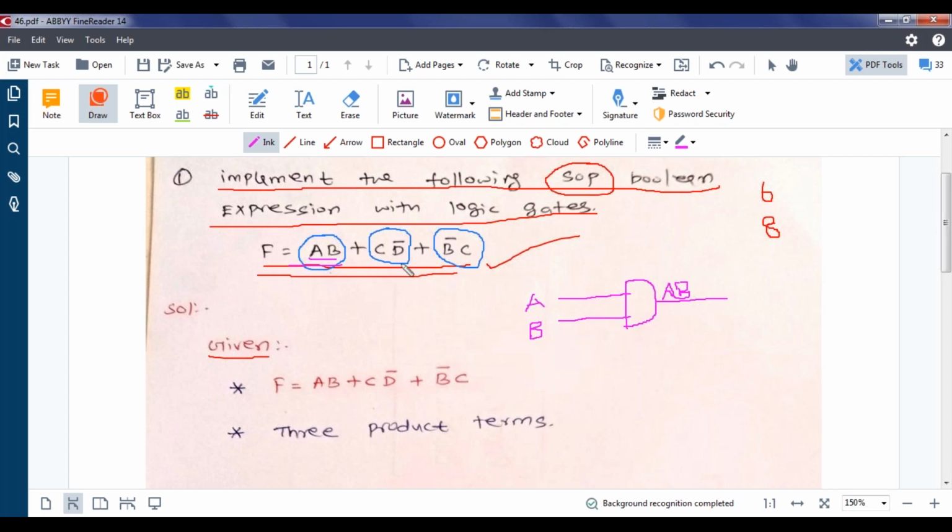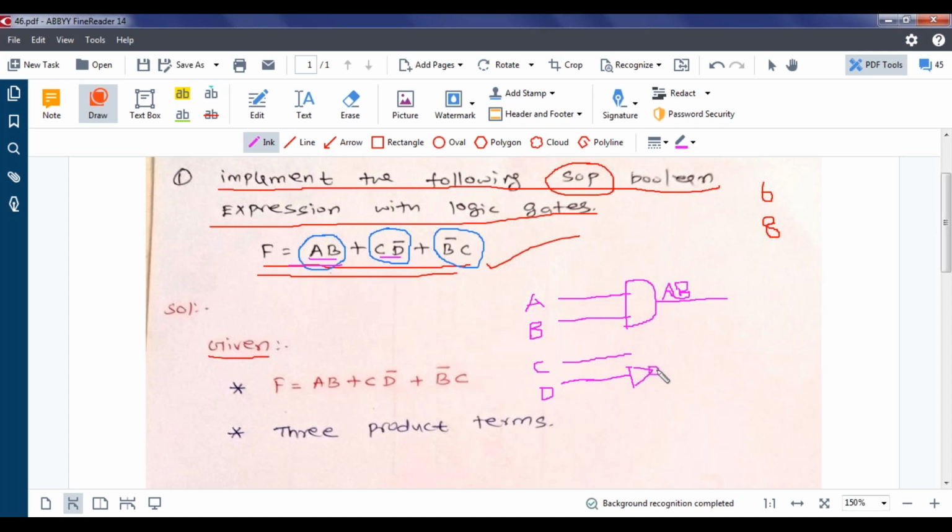Next I'm going for the implementation of CD bar. Put a line, this is your C, and draw the next line, this is your D. For D bar, first you give the D value to a NOT gate.